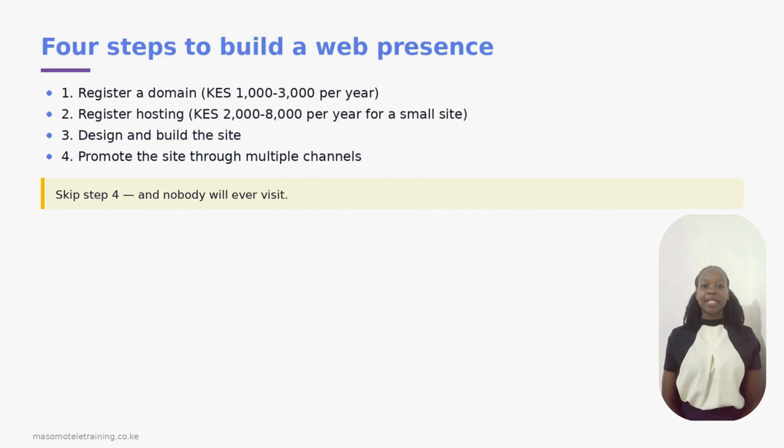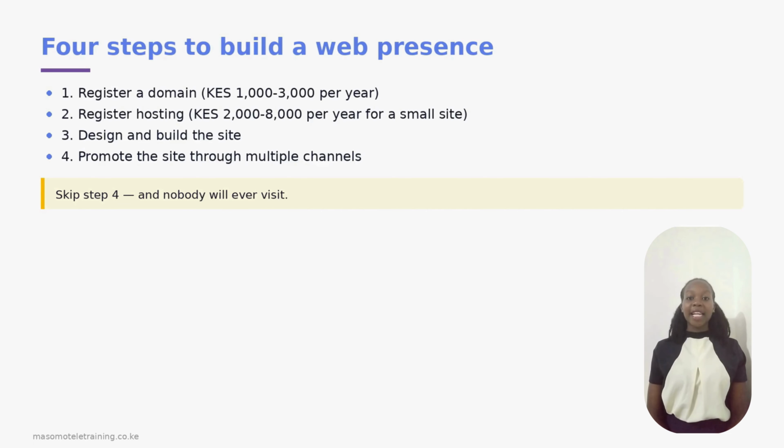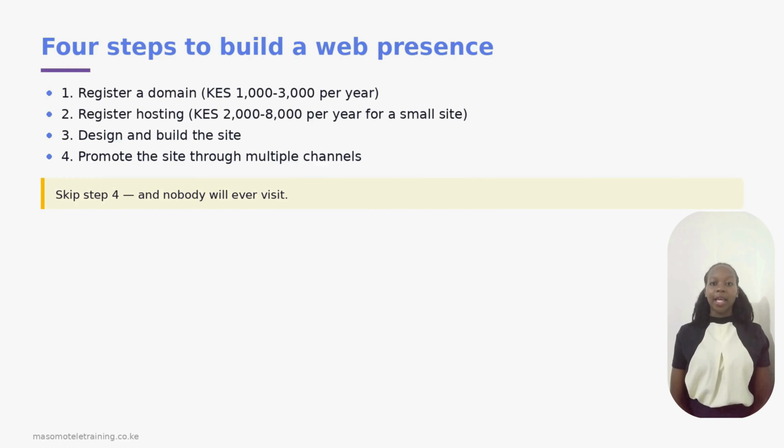Step 3. Design and build the site: structure, content, design. Step 4. Promote the site through multiple channels: social media, email signatures, business cards, Google Ads. Skip step 4 and no one will ever visit.